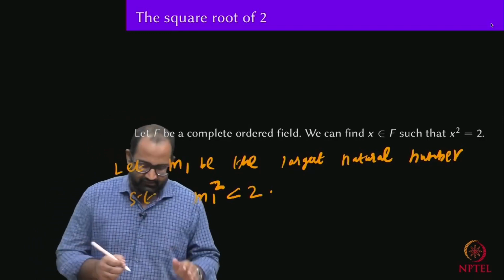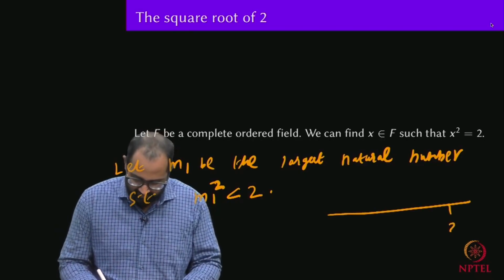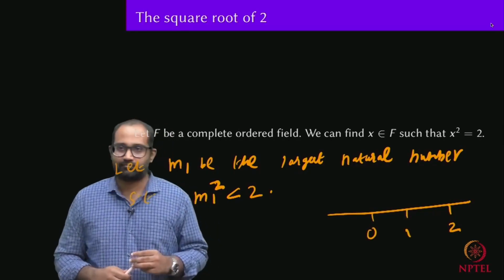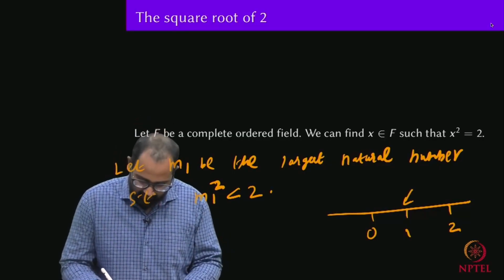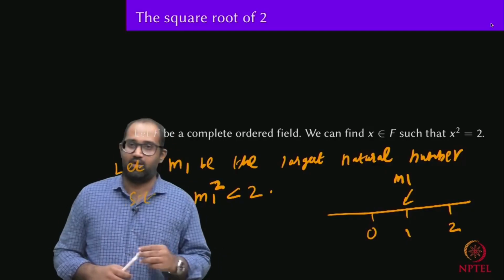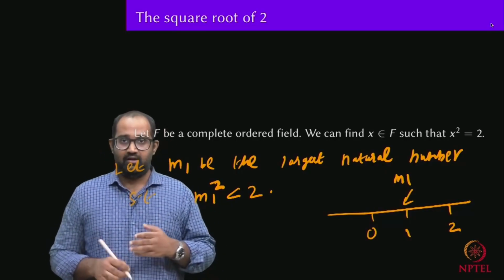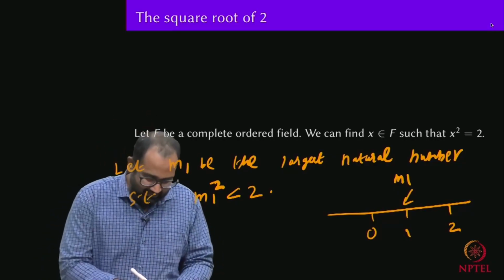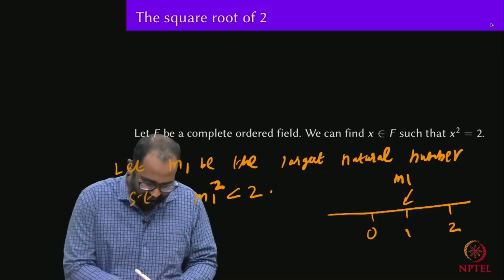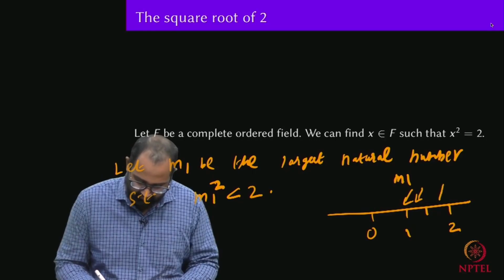Now, let us see what we have done. We have the line: 2 is somewhere here, 0 is here, let us say 1 is here. Now, this is our M1. The potential square root of 2 is either in this interval, either here or here.